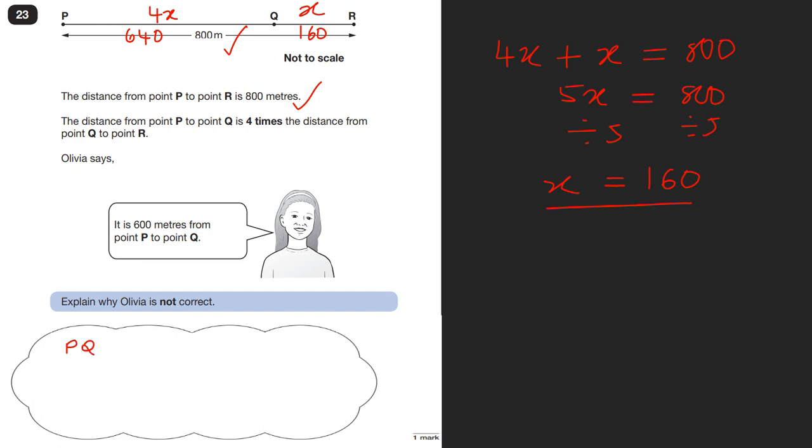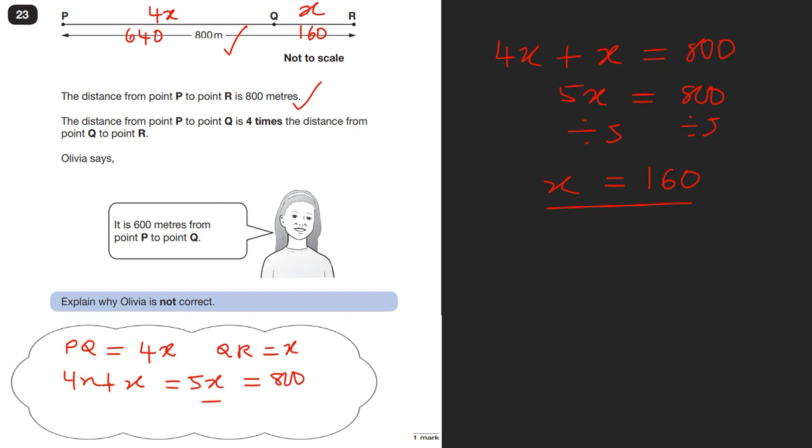P to Q is 4x, and Q to R is x. Now you do the algebra and show 4x plus x is equal to 5x, which is 800.